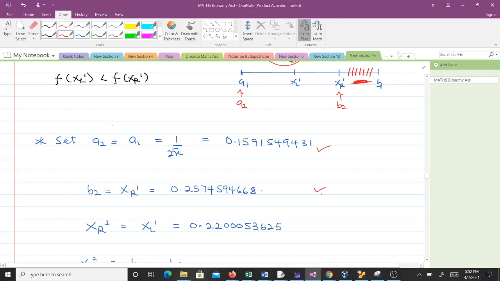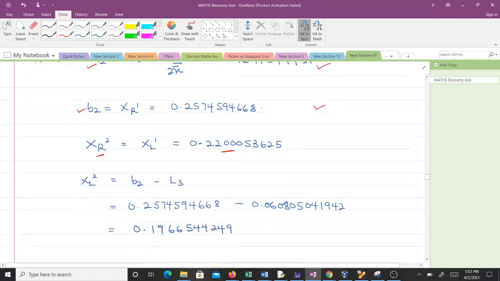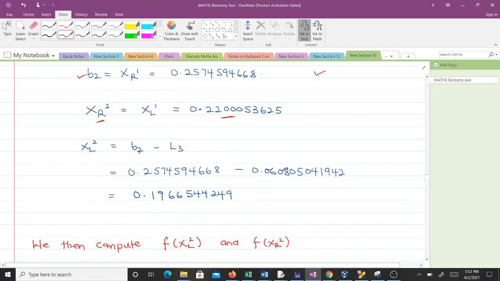From the algorithm which we've discussed, when this condition is met, we set this to this, and also xr at the second iteration is equal to xl at the first iteration, which is 0.2200053625.